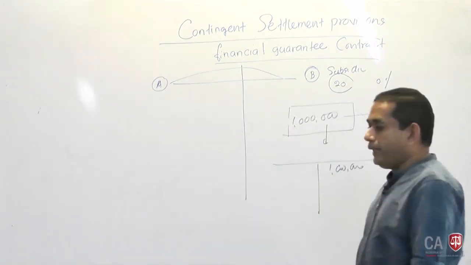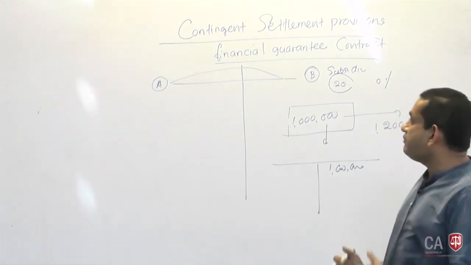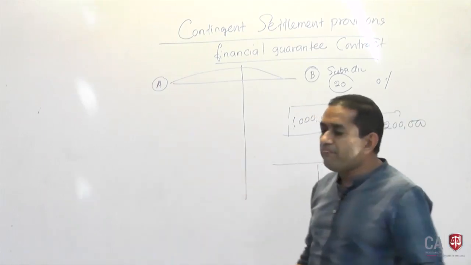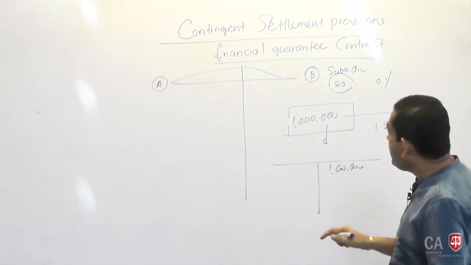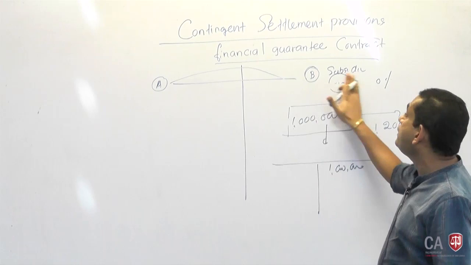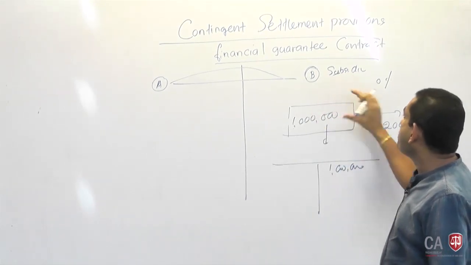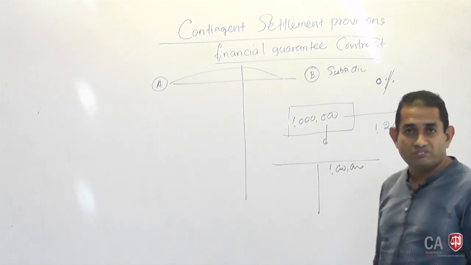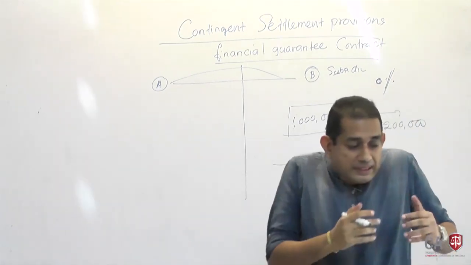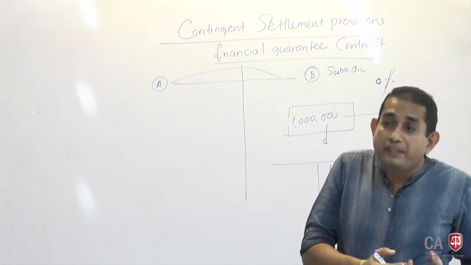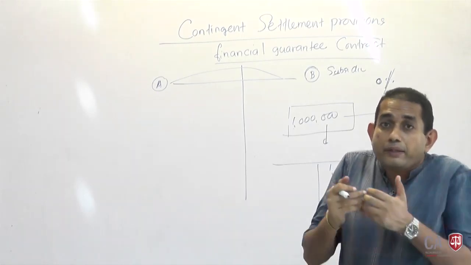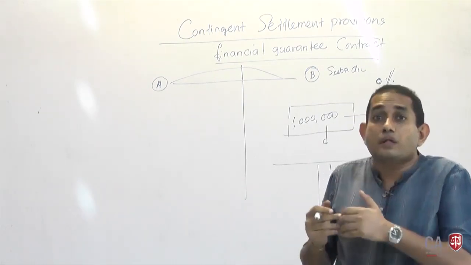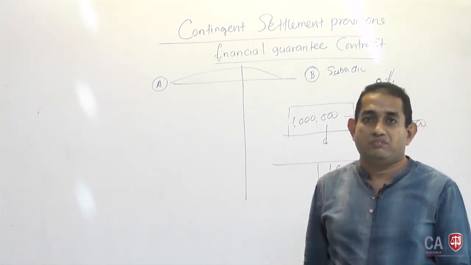So Company A speaks to the bank, and the bank grants the loan not at the 20% market rate, but at 0% interest. So it is the involvement of Company A that makes the bank grant the loan at 0%.